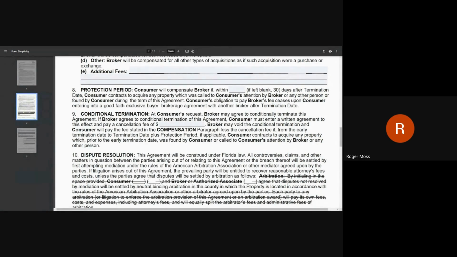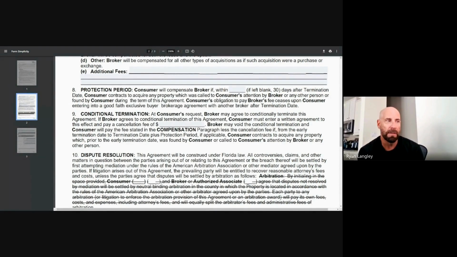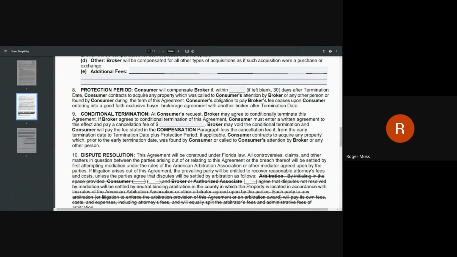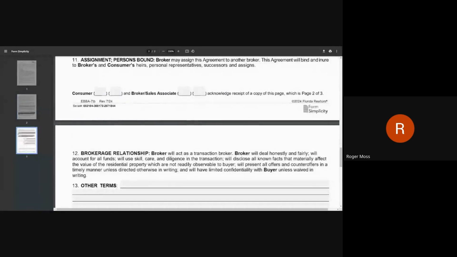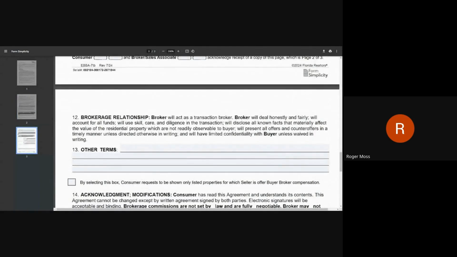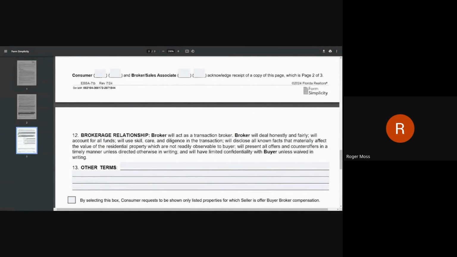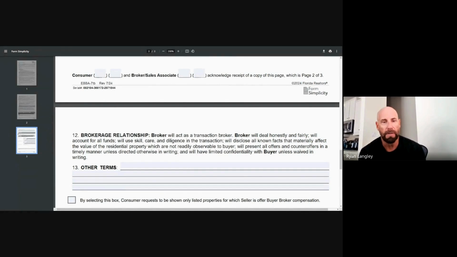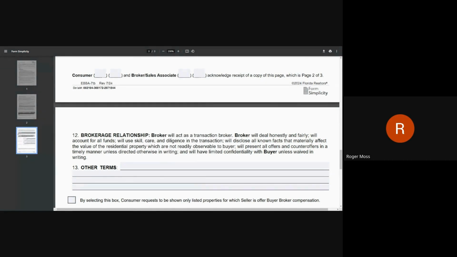No, you can put that in the bottom. You can negotiate, or you can put that in the additional terms. So on a condition that if I show you more than just this one property, you have to pay a retainer. Yeah, you can do anything legal in the other terms down here. Okay, that was all I had.